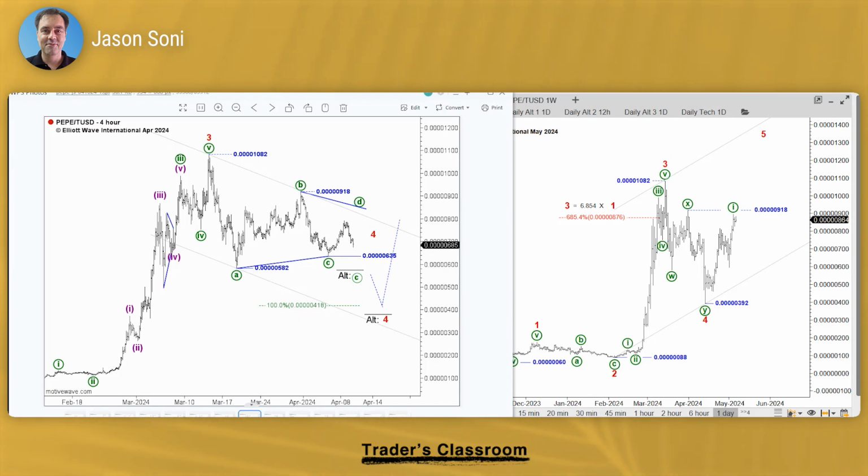Now, one of the reasons why I like to consider alternate wave counts is there are going to be times when things just go wrong. Like I say, sometimes you can be really confident in a wave count, and I've been very confident at times, and things just go wrong.